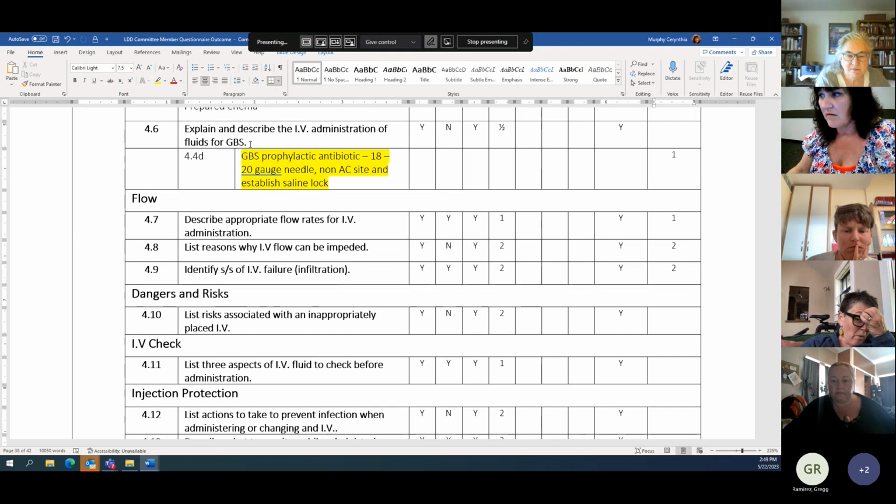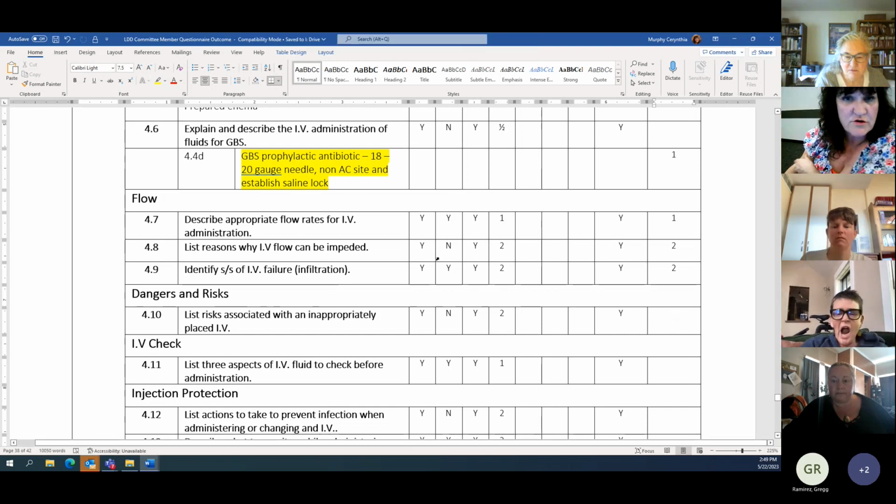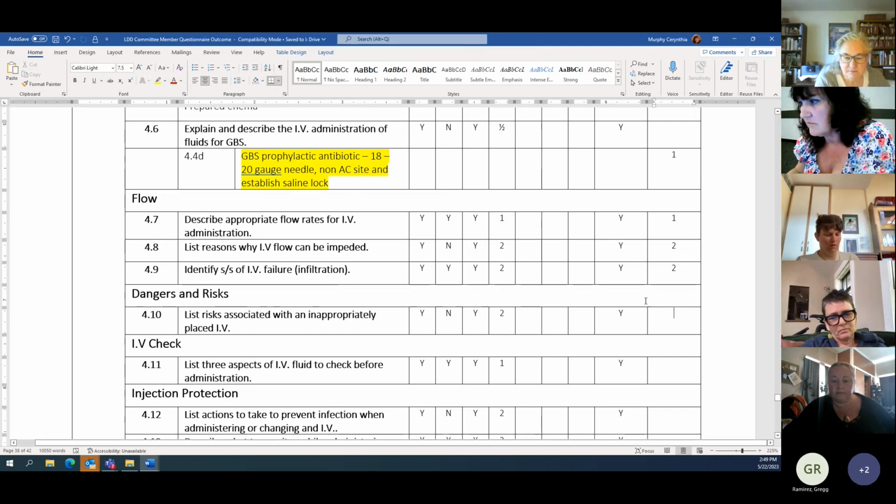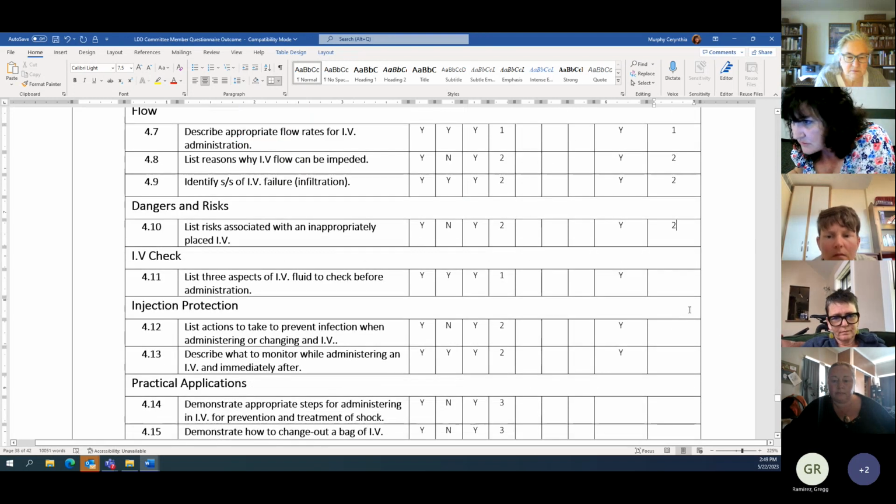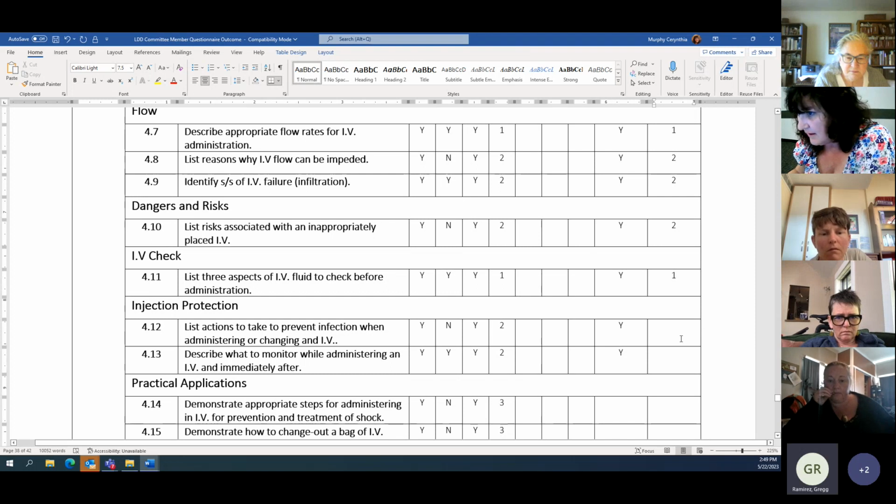Yeah, I think it's important. You want a 1 or 2? I would say 2. Okay, list 3 aspects of IV fluid to check before administration. And it looks like everybody said yes, and we got a 1. Okay, list actions to take to prevent infection when administering or changing an IV. This needs to not be "and".